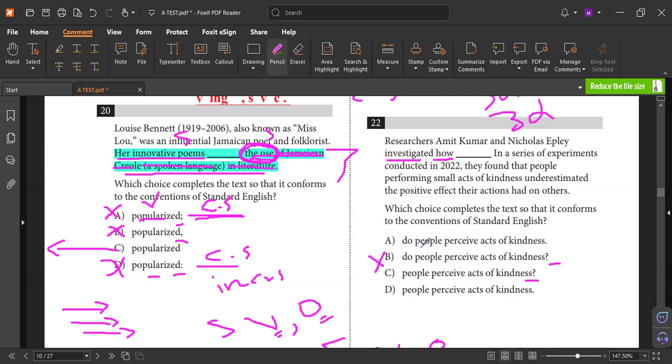Now again, this is the form of a question: helping verb, subject, main verb. As normal when we ask you, do you follow me? Do you follow me? Helping verb, subject, main verb. This is a form of a question. So we need a question mark. Why do we have a full stop? So letter A is wrong.